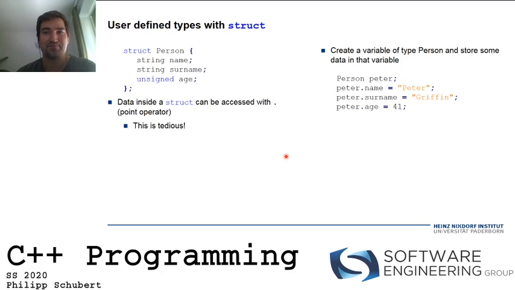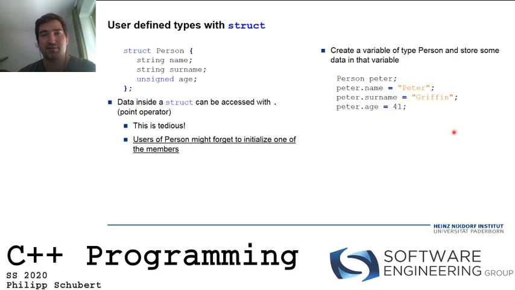But this is somewhat tedious, because you have to create a variable Peter of type person, which you just defined, and then you have to set every single individual data member and give it some meaningful value. This is tedious, of course.